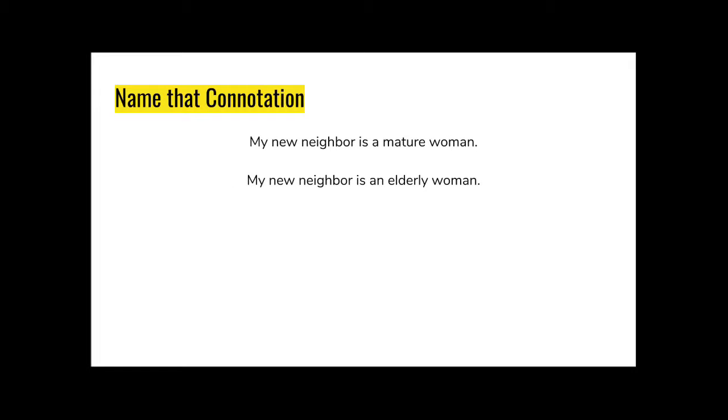In our next example, our sentences state, my new neighbor is a mature woman, and my new neighbor is an elderly woman. Mature and elderly both mean the same thing. They're similar in meaning. Which one do you think has a positive connotation, and which one do you think has a negative connotation?